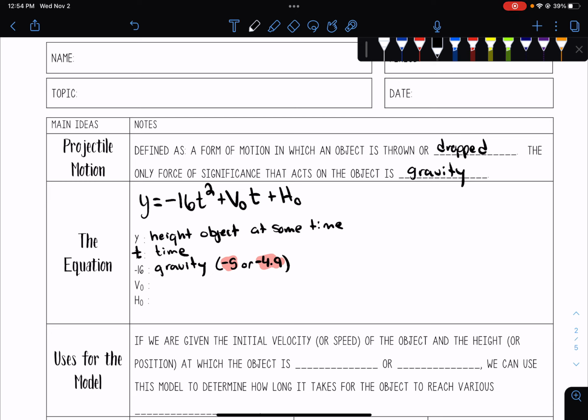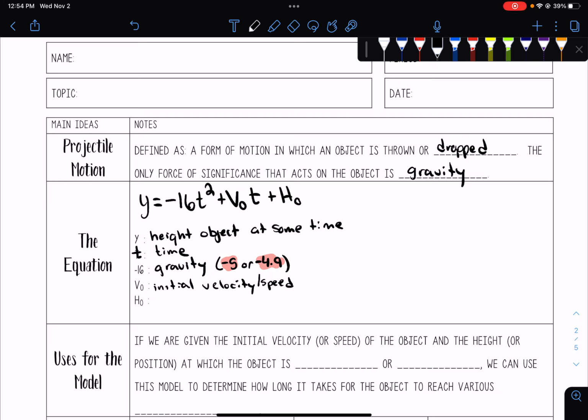Now V naught, V with that little zero, that is called your initial velocity. And if you have a hard time understanding what velocity is, you could put speed next to it. So that's how fast the object is going at 0 seconds. Right at the beginning, right when the object is thrown or launched, how fast is that object going? Obviously, that number depends on the story problem.